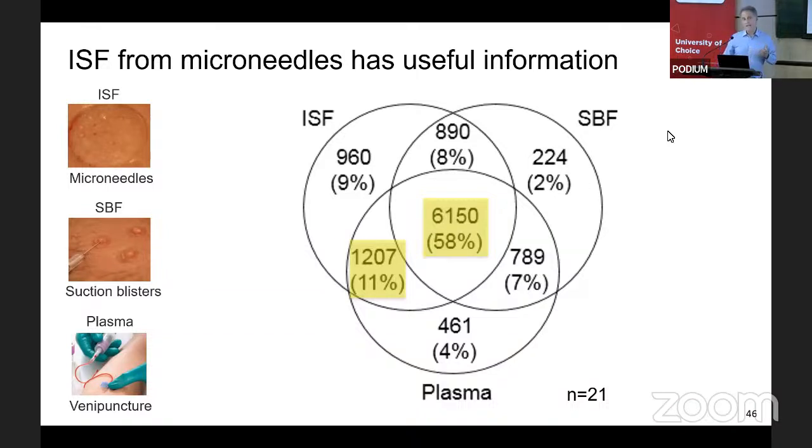It might be of interest to measure a biomarker that you could otherwise find in blood, but can also find in interstitial fluid, because interstitial fluid doesn't clot. So if you want to make repeated or continuous measurements, that's pretty convenient. And in fact, the one thing that is routinely measured in the interstitial fluid is glucose. You may know about these continuous glucose monitors that diabetic patients can wear.